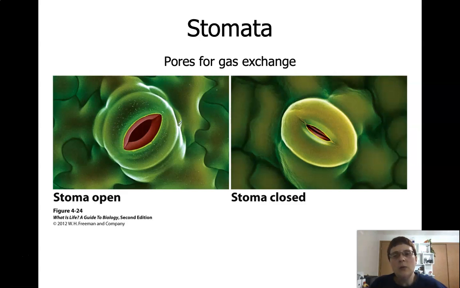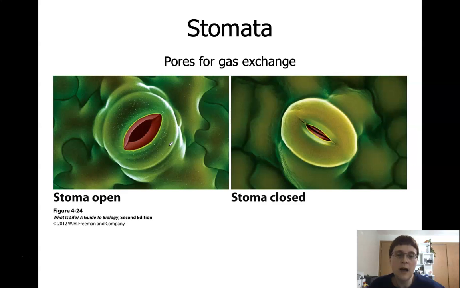The stoma will be open when it's not dry and hot, right? And then the stoma will close when the plant detects that it is going to be dry or hot. Because one of the things that escapes out of these stoma, these openings, is water.